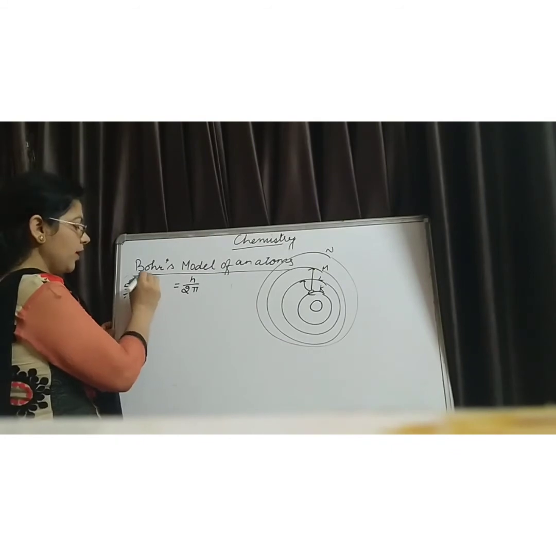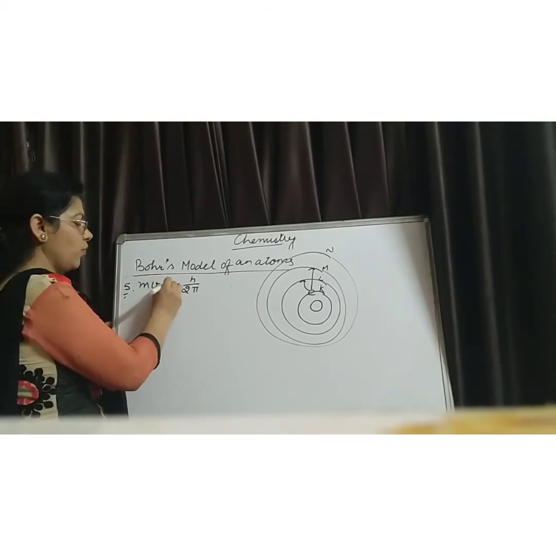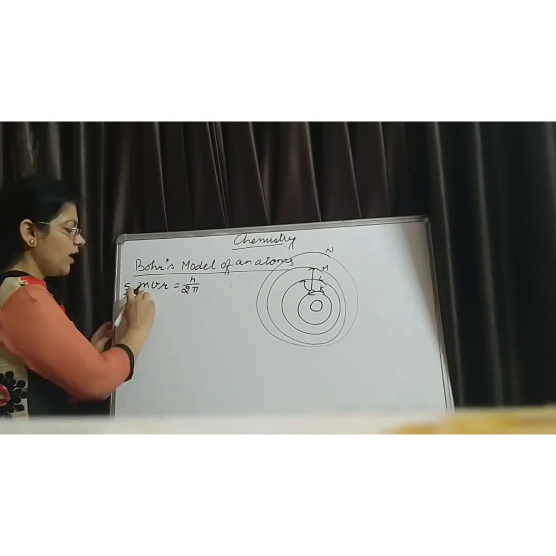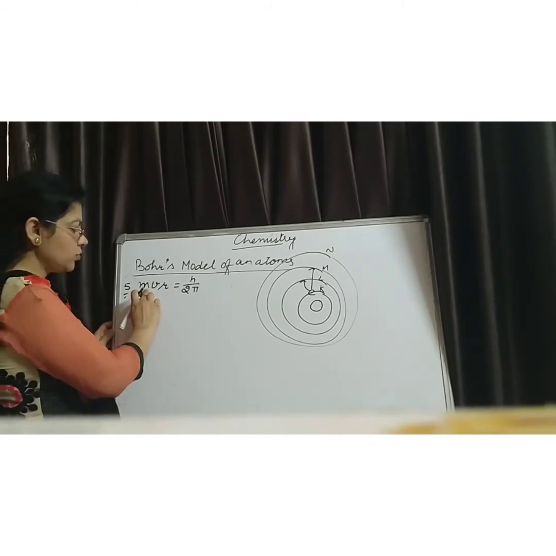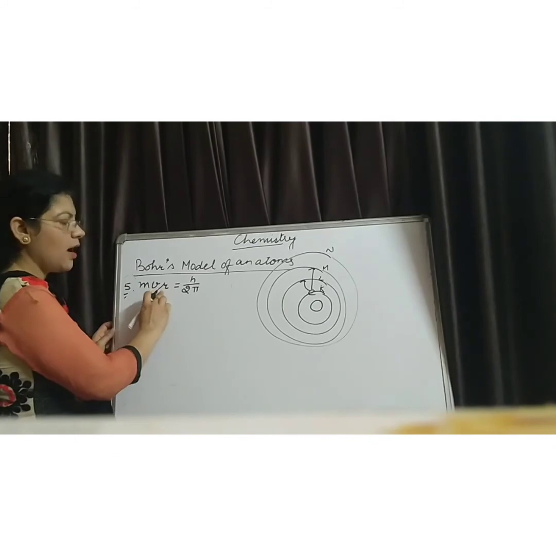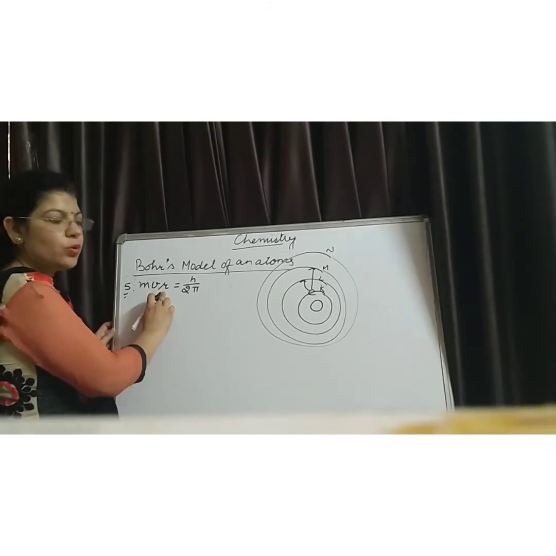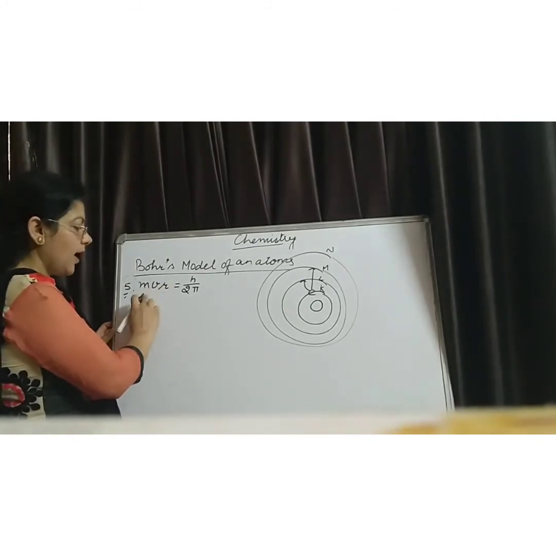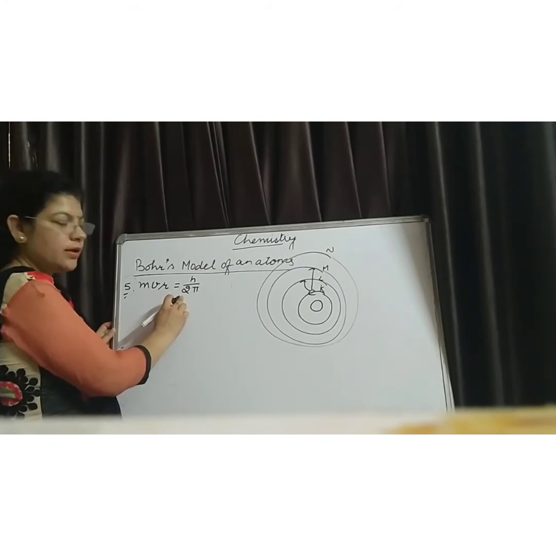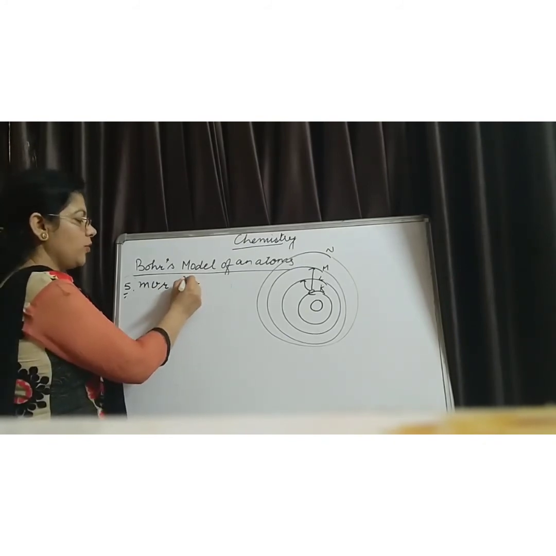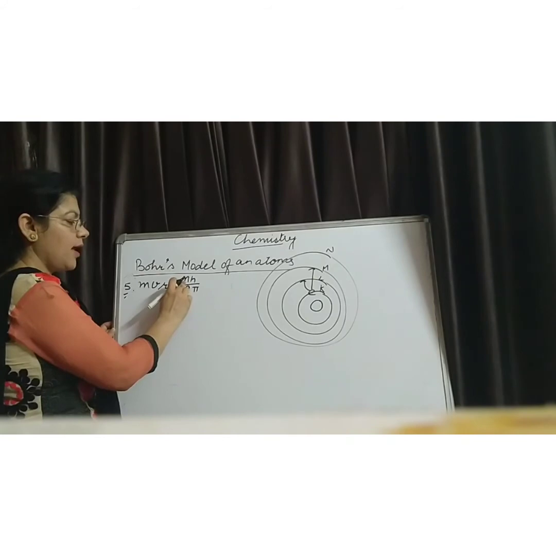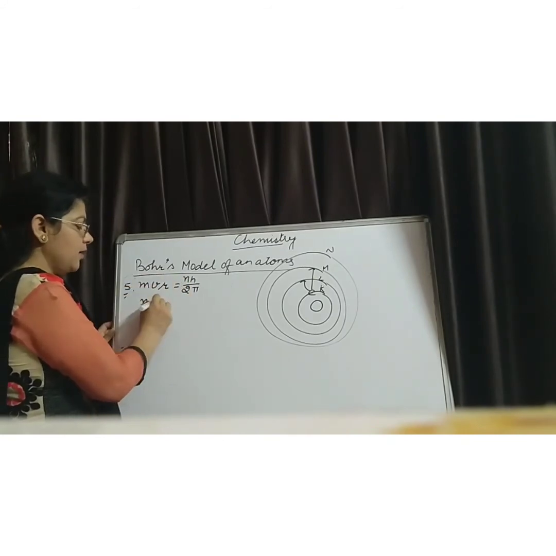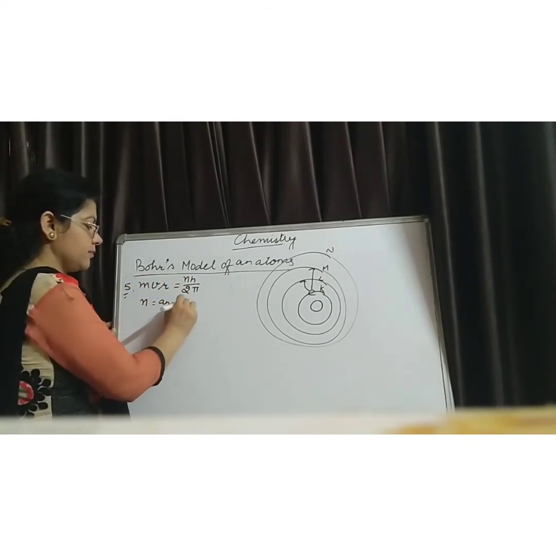For the angular momentum, the formula is mvr, where m is the mass of the electron, v is the velocity, and r is its perpendicular distance, and it should be an integral multiple of h by 2 pi. So I write here mvr equals nh by 2 pi, where n is any integer.